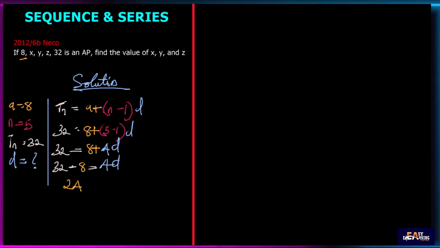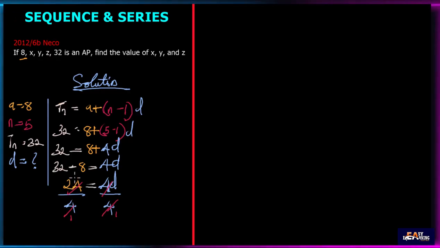So 24 equals 4D. We divide both sides by the coefficient of D, which is 4. 4 into 24 is 6 times.